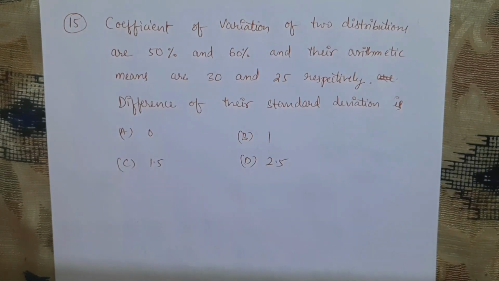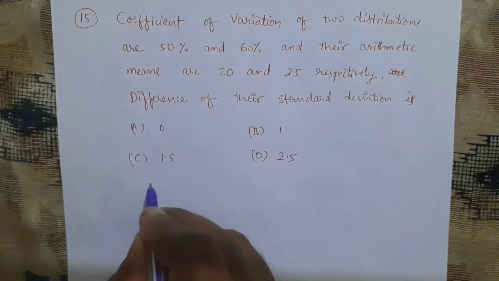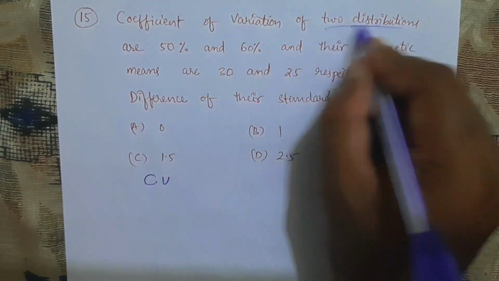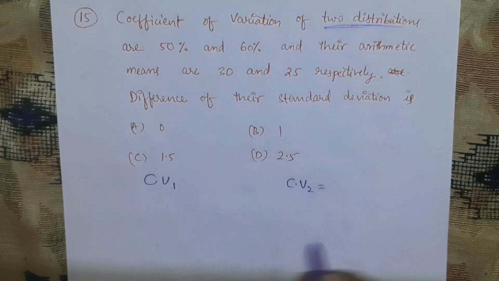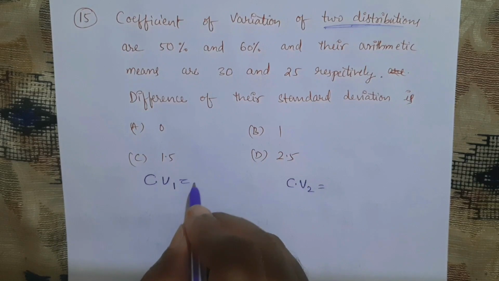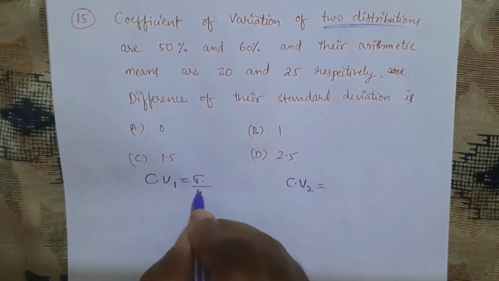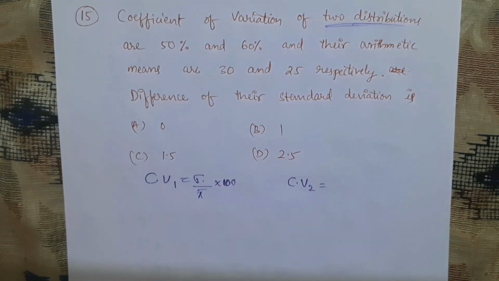Okay, coefficient of variation of two distributions is given, and we know that coefficient of variation is represented with CV. As they given two distributions, I will consider one as CV1 and another as CV2. The coefficient of variation formula we know, that is sigma by x bar into 100. This is the actual formula for coefficient of variation.